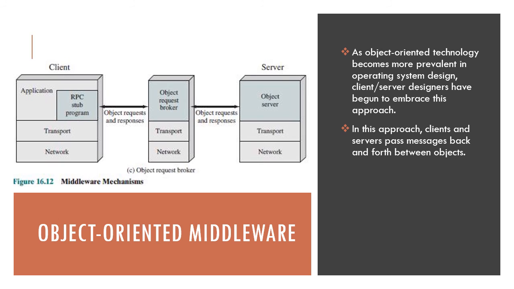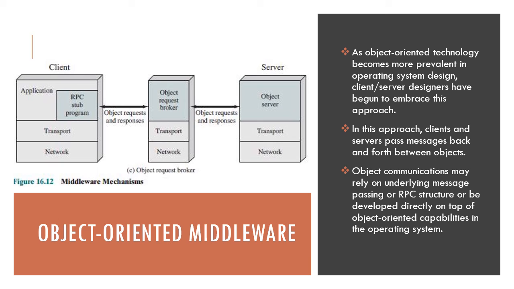In this approach, clients and servers pass messages back and forth between objects. Object communications may rely on underlying message passing or remote procedure call structure, or be developed directly on top of object-oriented capabilities in the operating system.